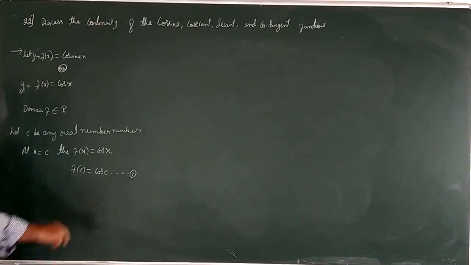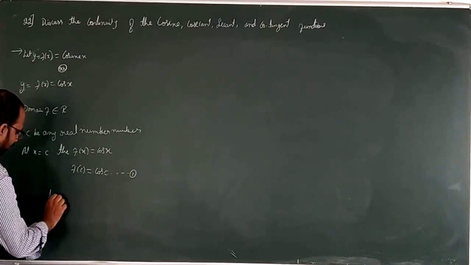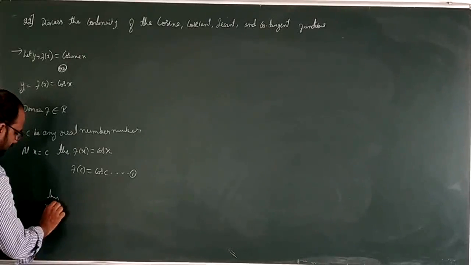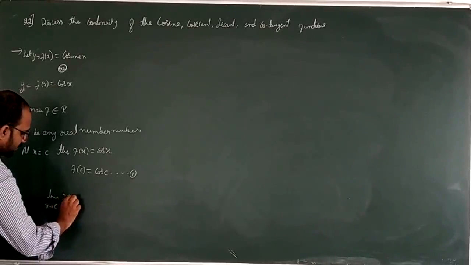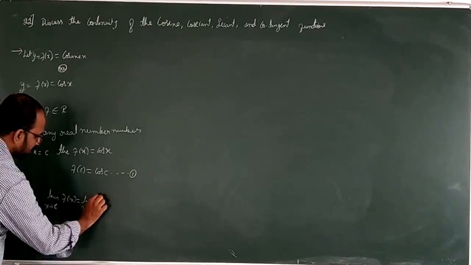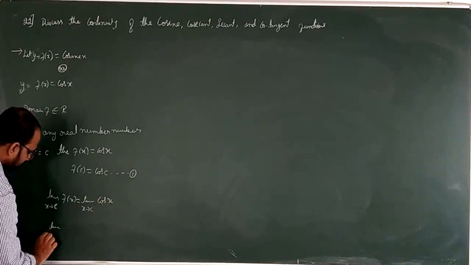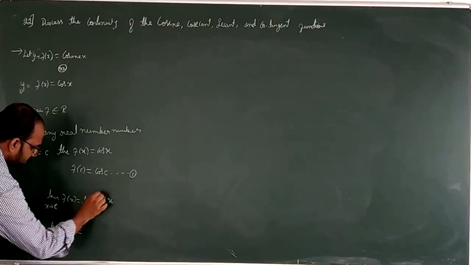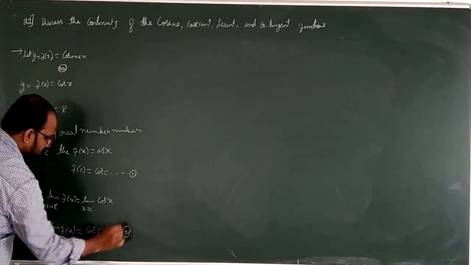Now apply limit on both sides, then we get limit x tends to c f of x is equal to limit x tends to c cos x. Substituting c, this is cos c. This is called equation 2.